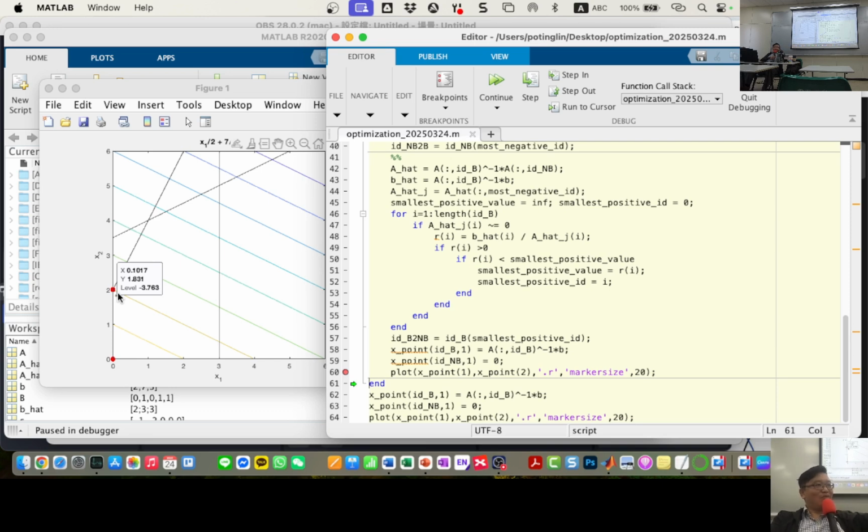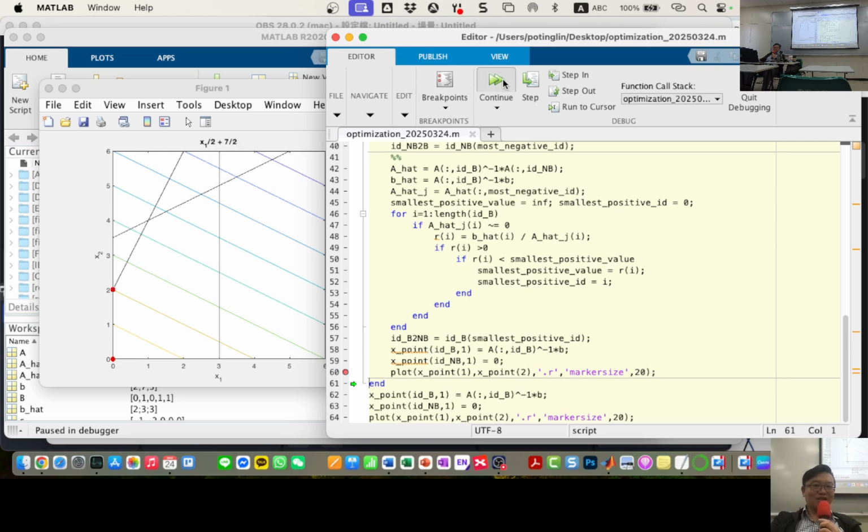Two guys gave me solutions, but wrong guess. The ratio test was the part that allows you to move from 0 to 2. x2 goes from 0 to 2, and some other values become 0. Because this is just a 2D drawing, we cannot see x3 to x5. But when x2 goes from 0 to 2, some value goes to 0. And this is where we stop.